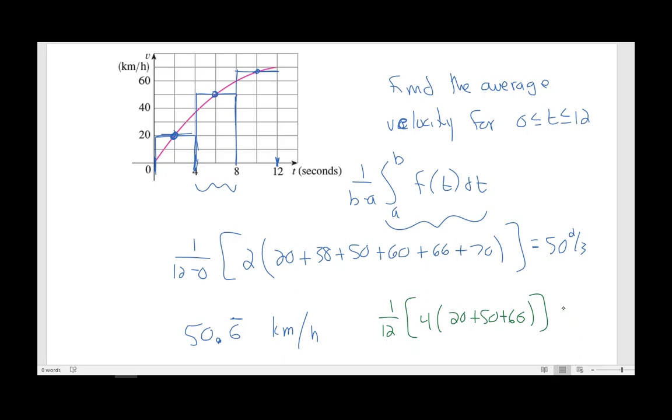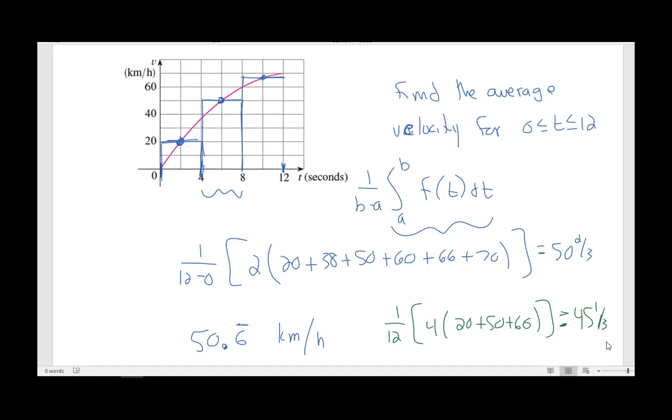All right, now crunching that out on my calculator, I get 45 1/3 kilometers per hour as the average velocity. And again, keep in mind, because we're estimating, each of these are estimates. So we're getting slightly different numerical calculations from our estimates.